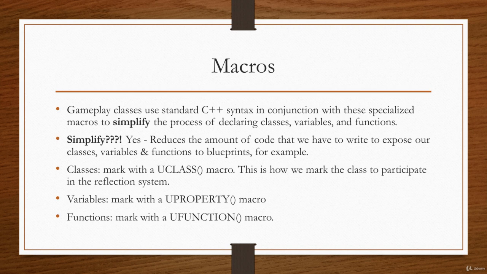Well, actually, this reduces the amount of code that we have to write to expose our classes, variables, and functions to blueprints. A macro is basically a line that gets replaced with a couple of lines of code. So instead of having to write, for example, 10 lines of code each time to specify something as usable in blueprints, we can simply specify that as blueprint read write or whatever the case might be, as we'll see later.